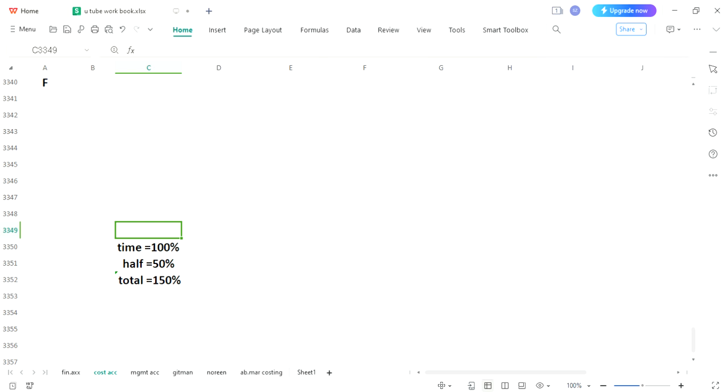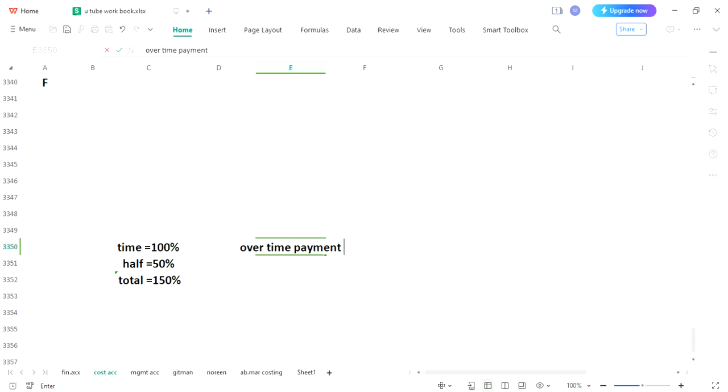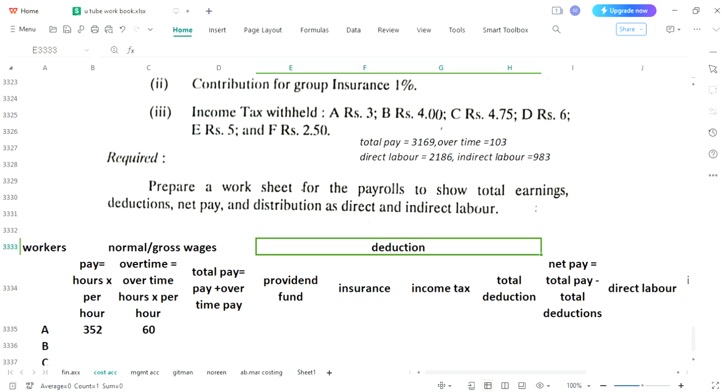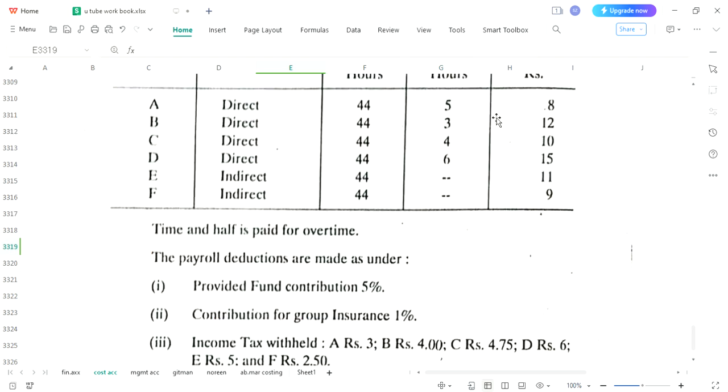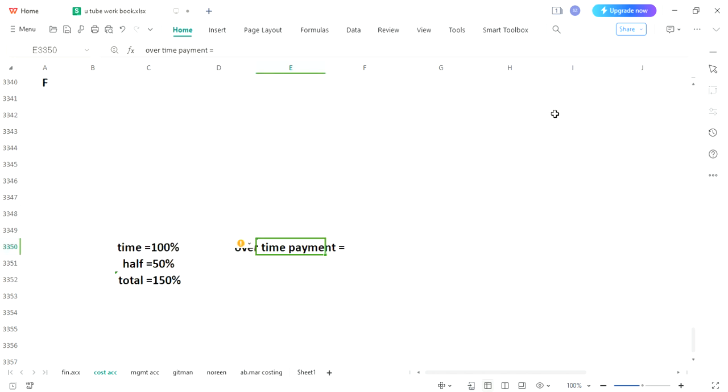Overtime payment for the first worker, how have we calculated? 5 hours were overtime. Look here, 5 hours overtime and per hour 8. So 5 multiplied by 8. But besides this, we are asked to give him 150%, time and half.